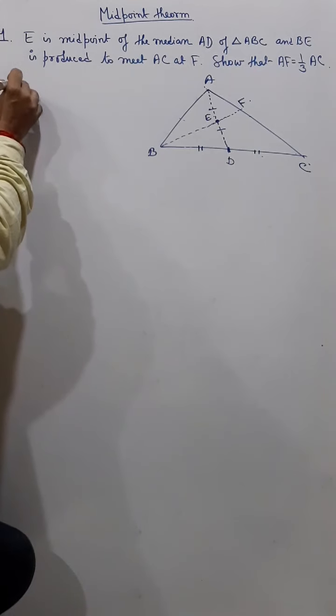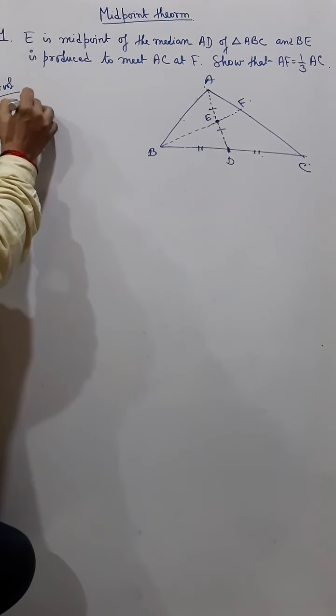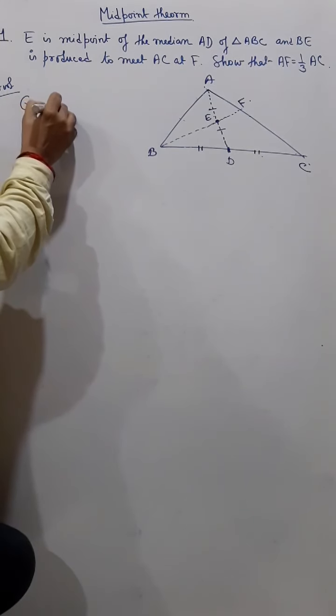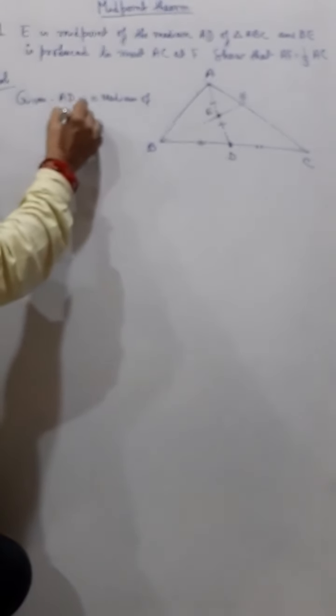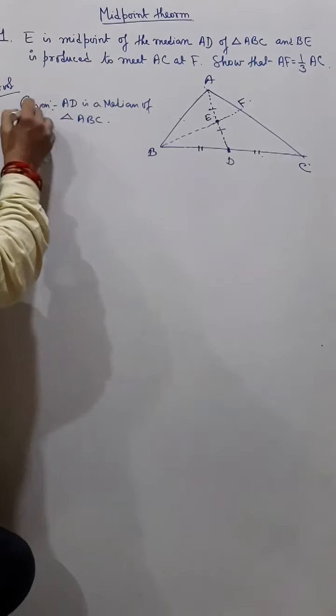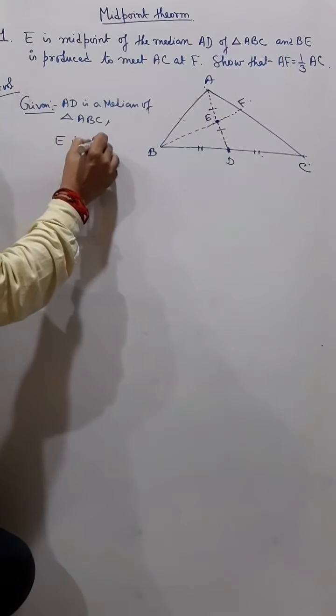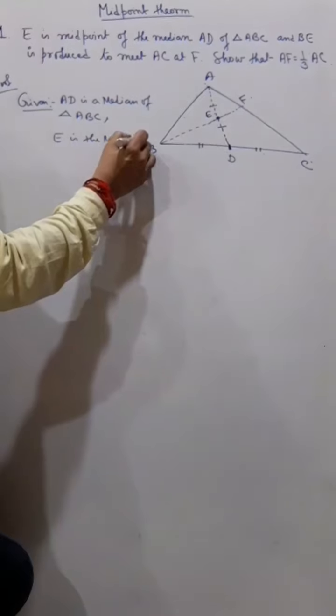So from here, first of all, we can say, given what? Given AD is a median of triangle ABC, and it's also given E is the midpoint of AD.